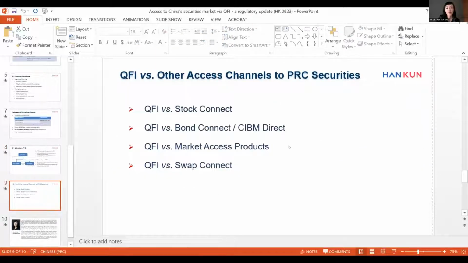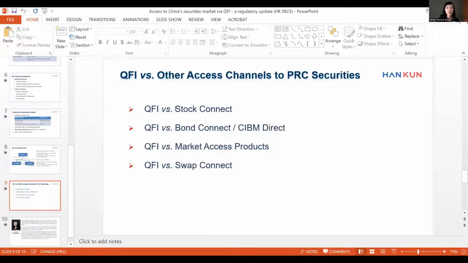Well, I would also want to quickly compare the QFI program and the other access channels. I think some of them may have been covered earlier, the QFI versus Stock Connect. Generally speaking, the QFI has a larger investment scope. And also the QFI has its exclusive license and is no longer subject to any investment quota.